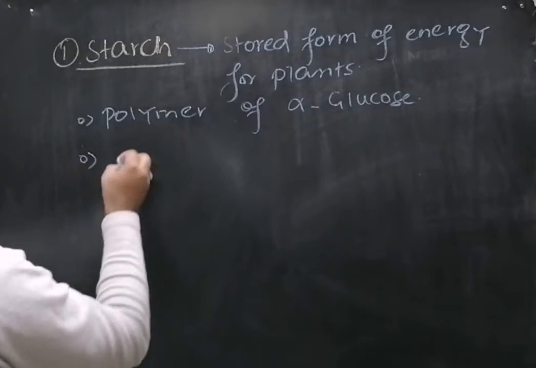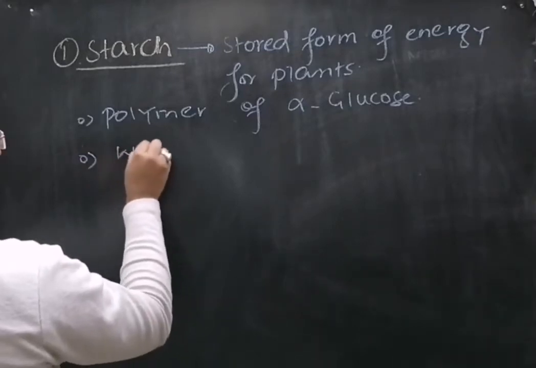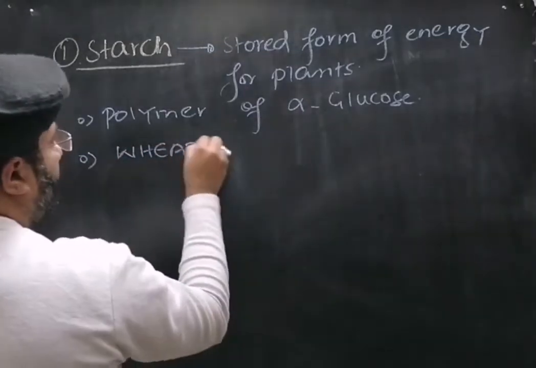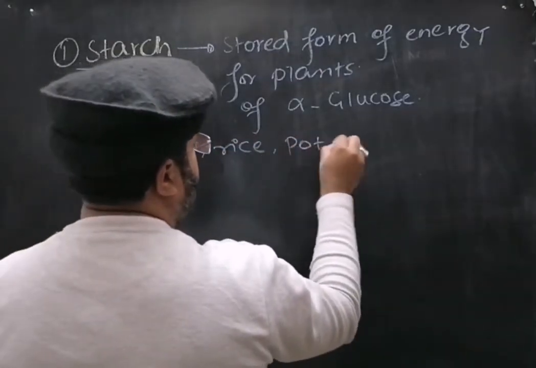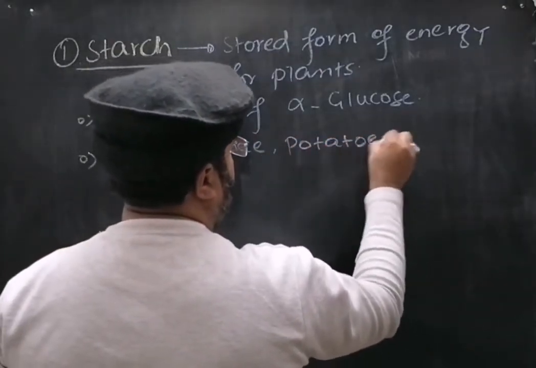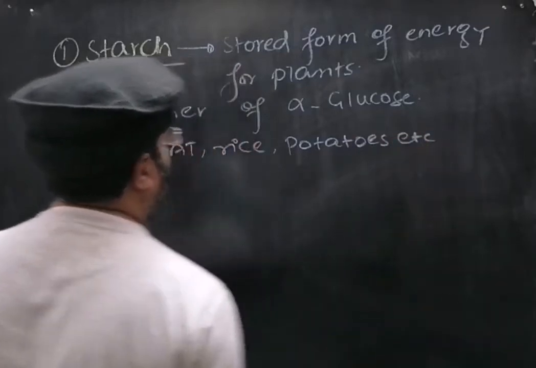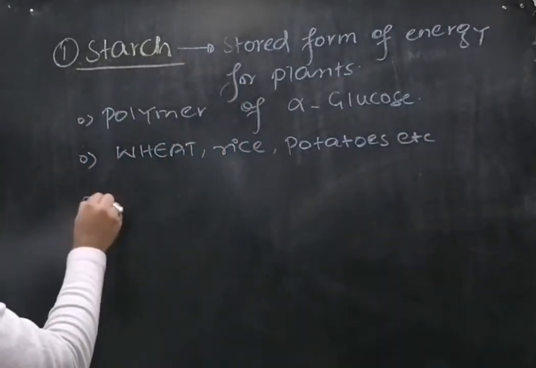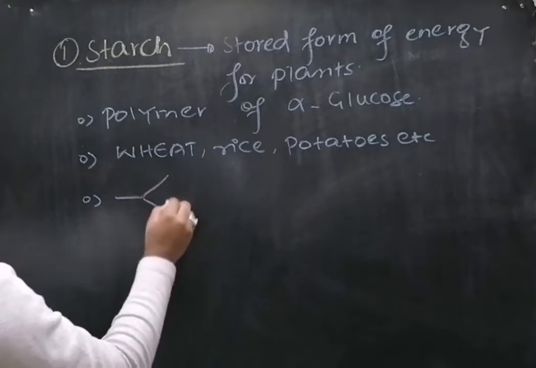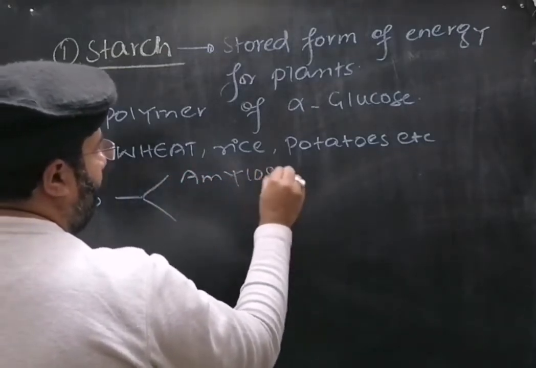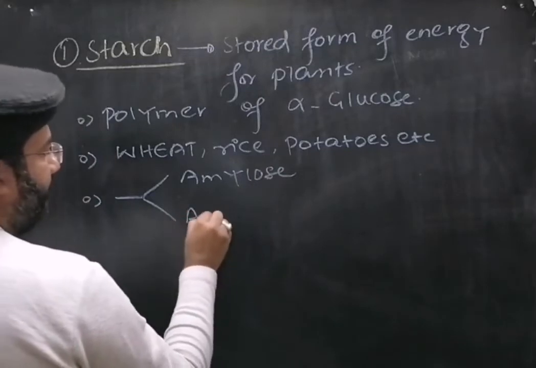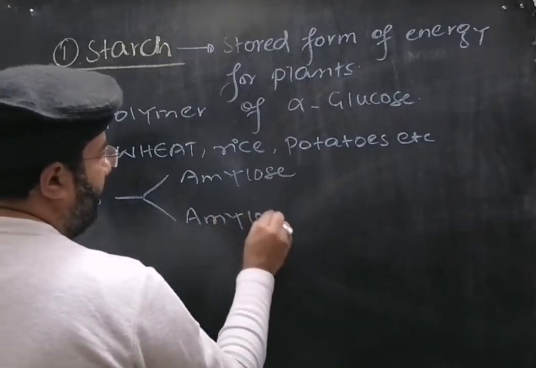The starch is present in wheat, rice, potatoes, etc. The starch is of two types. One is amylose and the other is amylopectin.